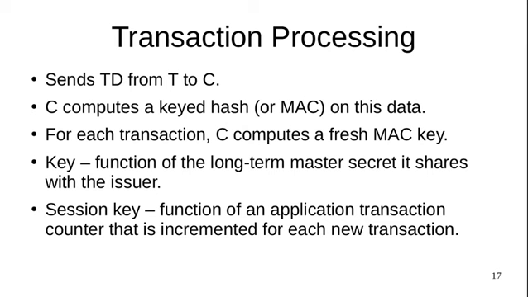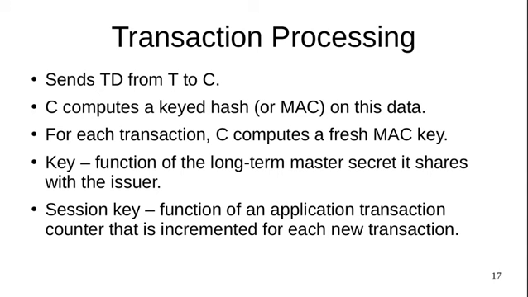The third step is transaction processing. Here the actual data is being transferred. TD is the transaction data, which is sent from the terminal to the card. That is the amount of the transaction.